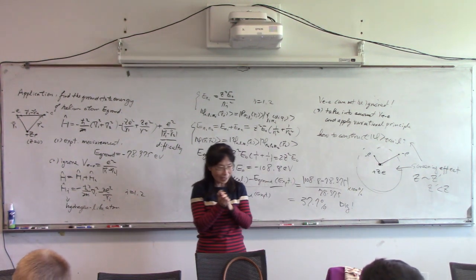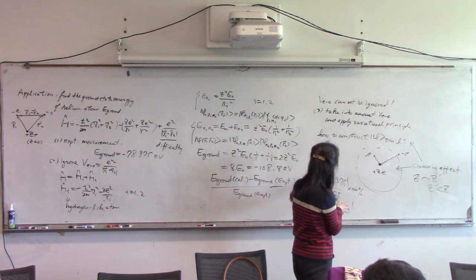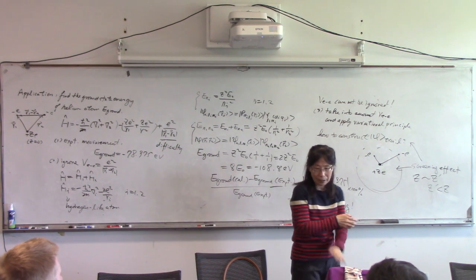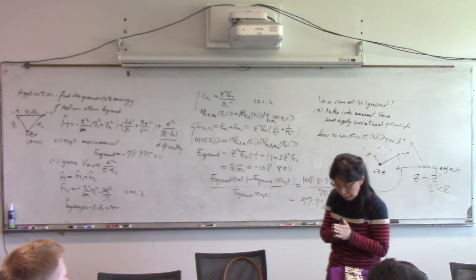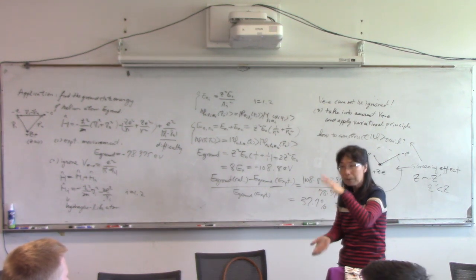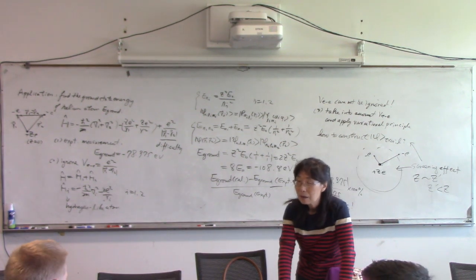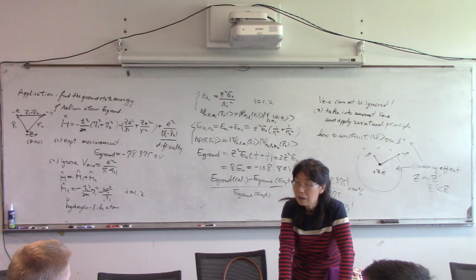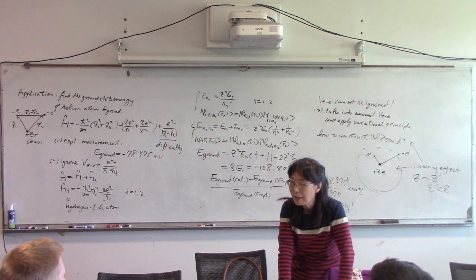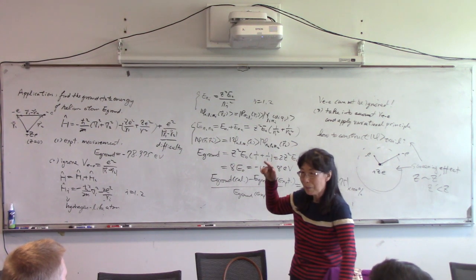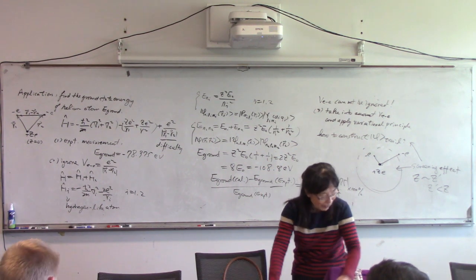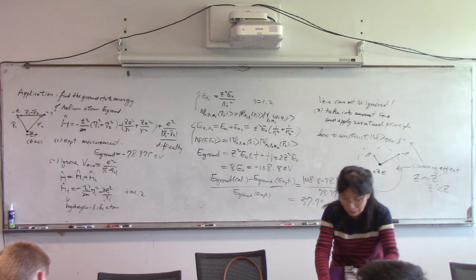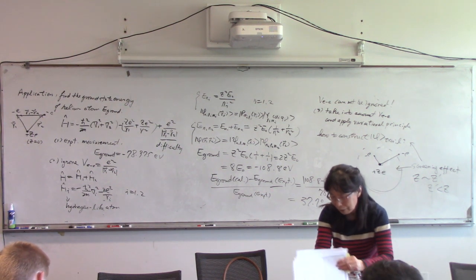And as I said, I do not have time to assign homework for this part, the variational method. And also, I think some of the questions that you had on there were related to what we covered today. Which question? 9.33. Oh, okay. 9.33 is perturbation. You mean the fine structure one?